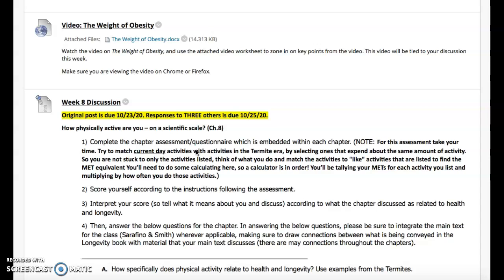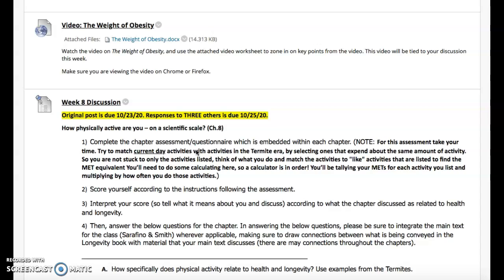Then you're going to be assigning METs for each activity, which are metabolic equivalents. It's kind of like how many calories you are expending, how much you are taxing your metabolism when you are doing each activity.